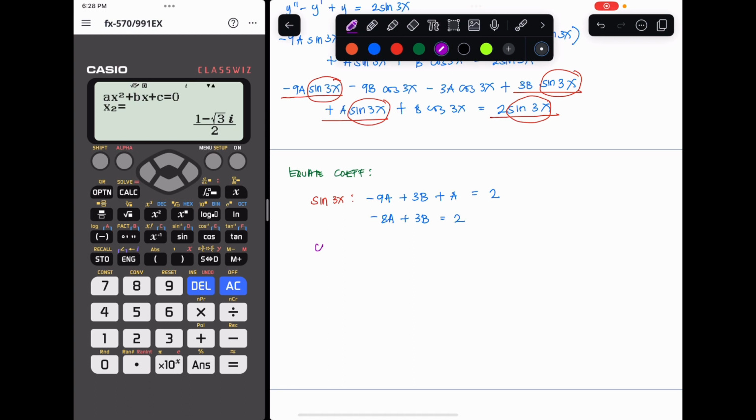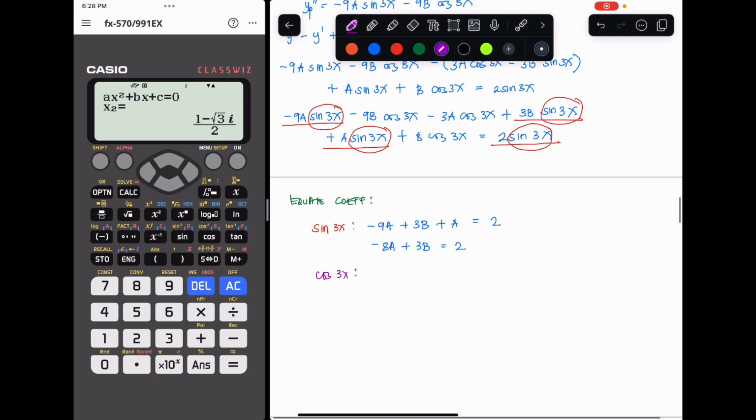The second one, so we equate all the terms involving cosine 3x. So these are the terms: cosine 3x, then this is cosine 3x, and this is cosine 3x. So there are three terms involving cosine 3x. So that is negative 9b, excuse me, minus 3a, and then plus b.